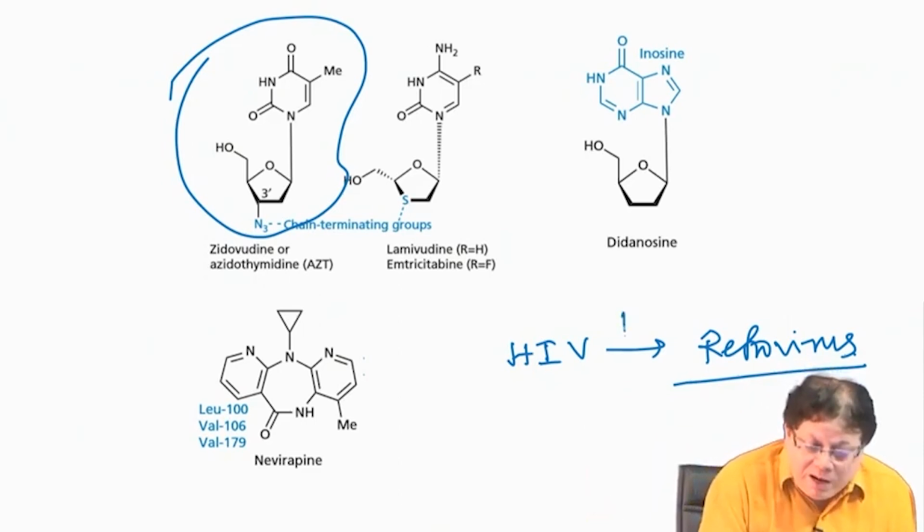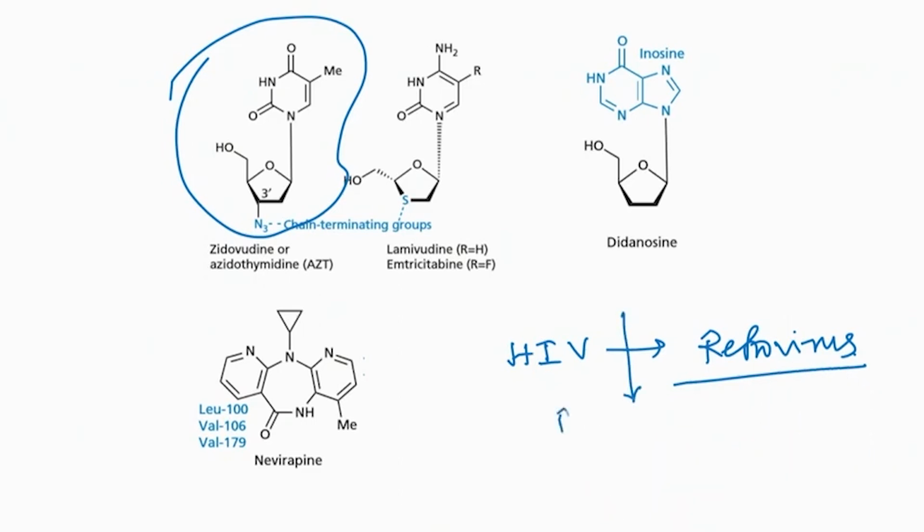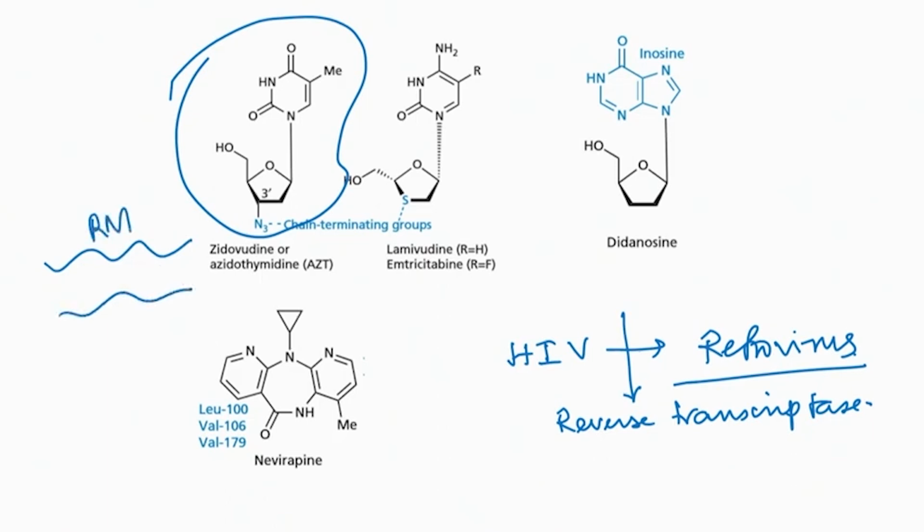Here one new enzyme that is there is called reverse transcriptase. What is reverse transcriptase? Reverse transcriptase is making of the DNA from the RNA. RNA is the genetic material, goes to the DNA, and that is what is done by the RT, reverse transcriptase.